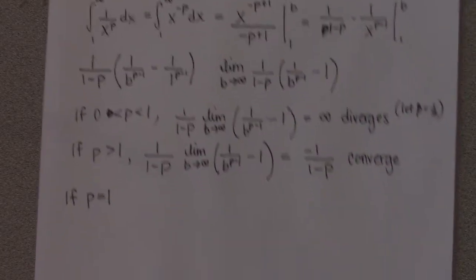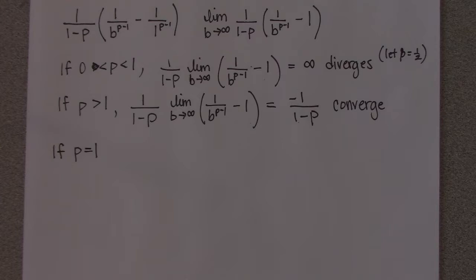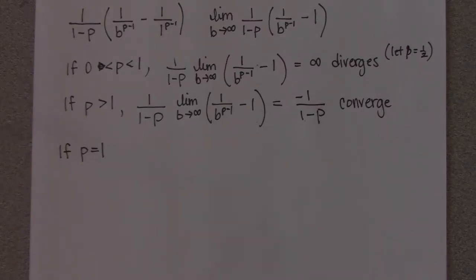If p equals 1, well, we can't jump straight to the limit, because if p equals 1, we would get a different result out of our integral.